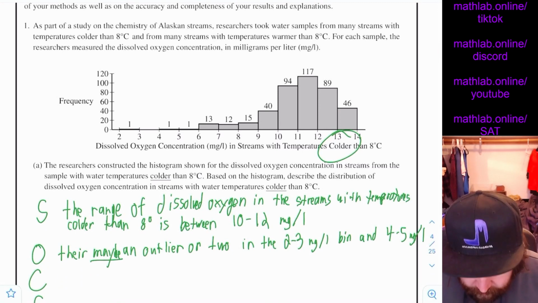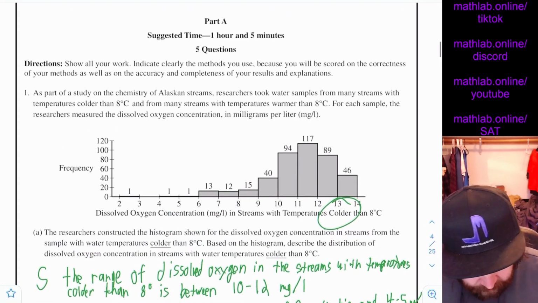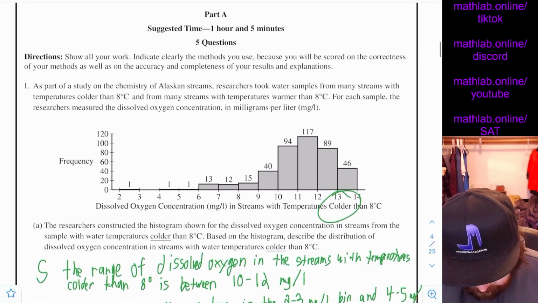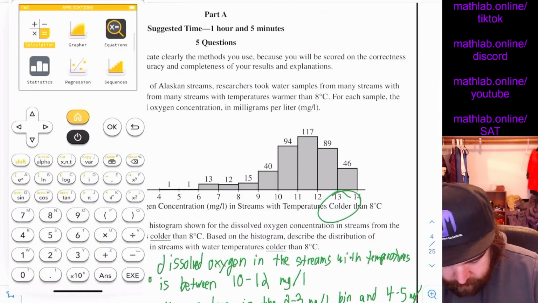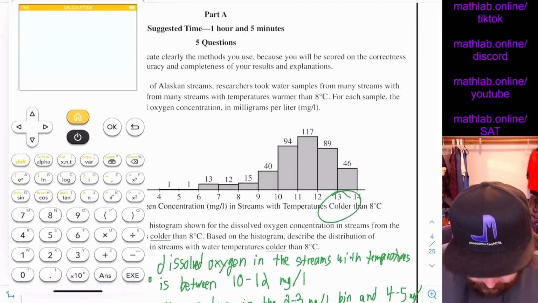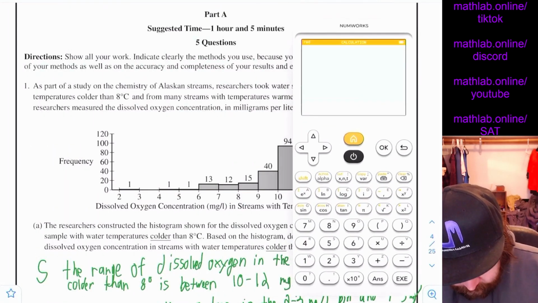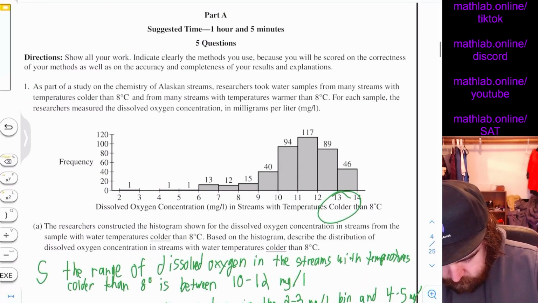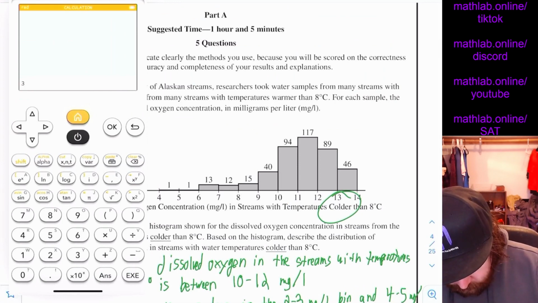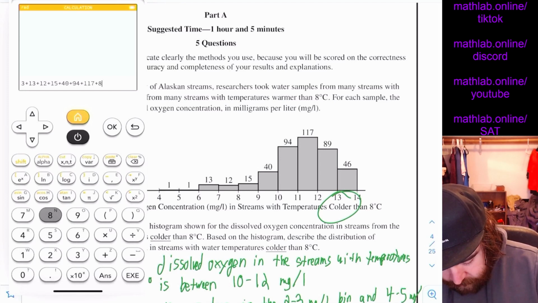Okay, next, center. They want us to find the center here? Okay, so we'll go median. That won't be too bad. They don't give us a total count of streams. Hang on. We get a calculator. Am I really going to do that? I suppose. So, we got 3, and then 13, and then 12, and then 15, and then 40, and then 94, and then 117, and then 89, and then 46.